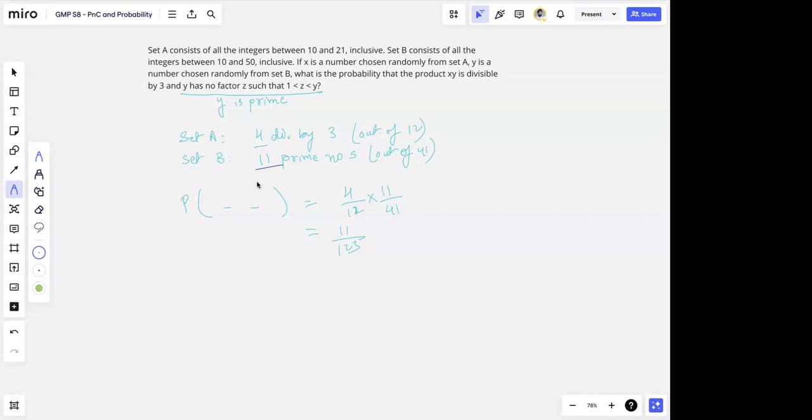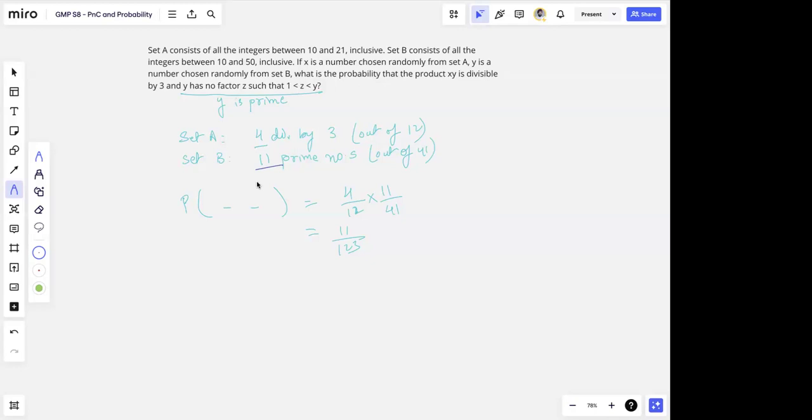No, XY is divisible by 3. So we'll take a scenario where XY is divisible by 3. In that way, we can find numbers from X which are divisible by 3, but Y can be anything, and none of the prime numbers are divisible by 3.